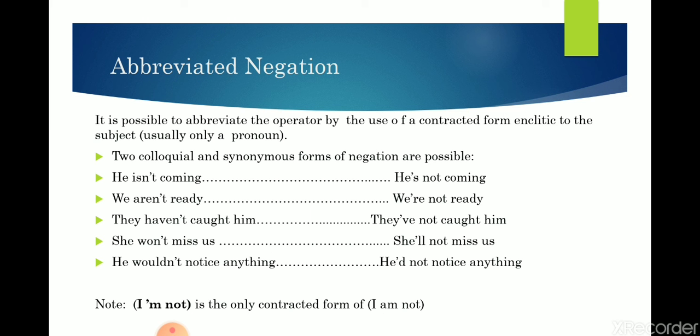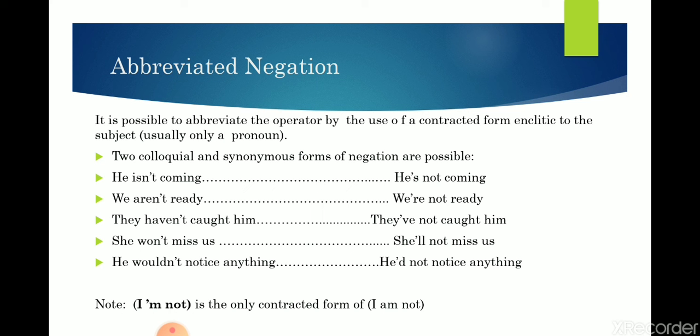Concerning the abbreviated negation, it is possible to abbreviate the operator by the use of a contracted form, enclitic to the subject, usually only a pronoun. So notice here that we have two ways of making an abbreviated negation, and these, of course, are used in colloquial English, the informal English.